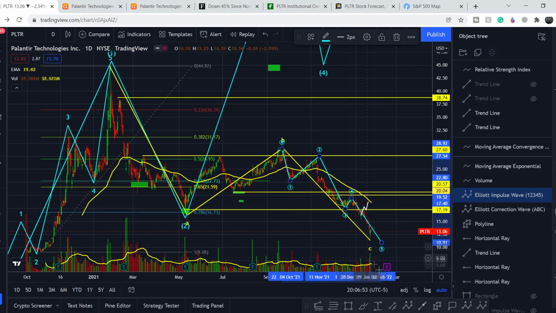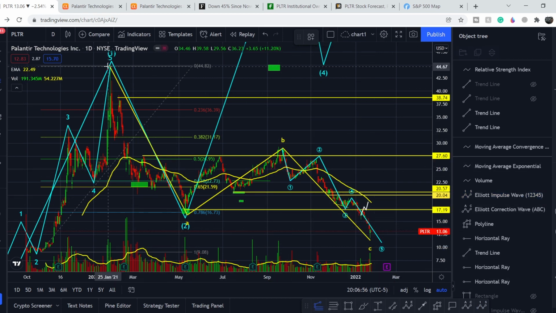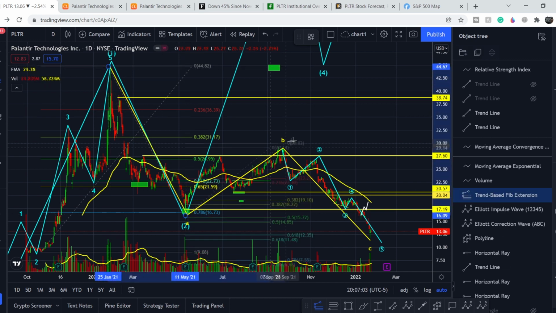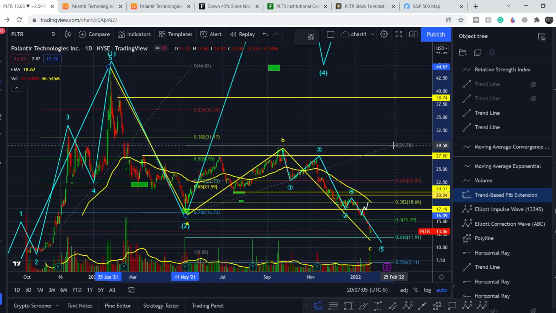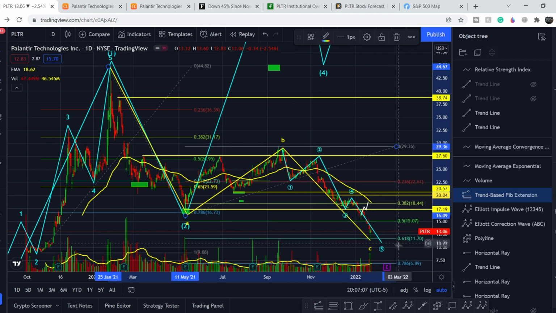And if it is the case, we can project the length of the C wave compared to the length of the A wave. And I pull the Fibonacci extension tool from this top to this bottom and to this top. And what do we have here? We hit the 0.618 Fibonacci extension level, and from this range we have this massive candle to the upside.